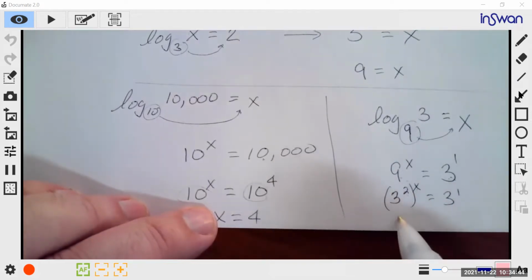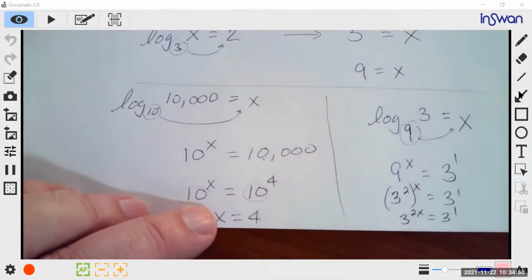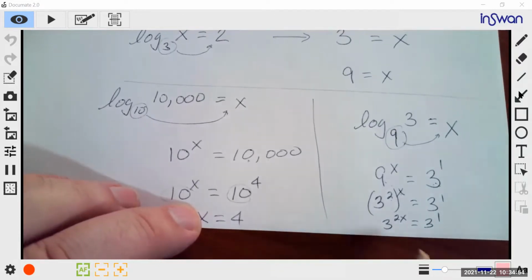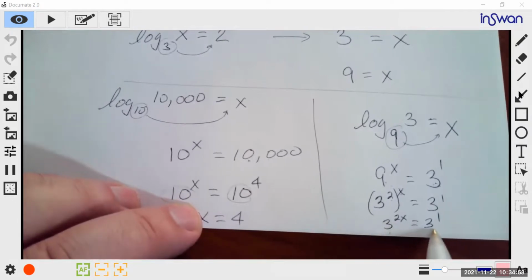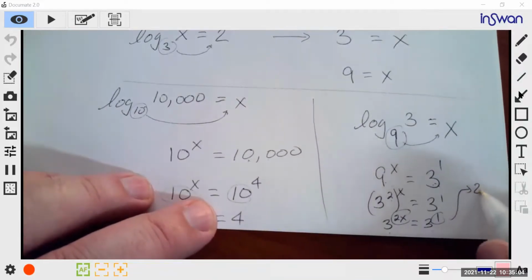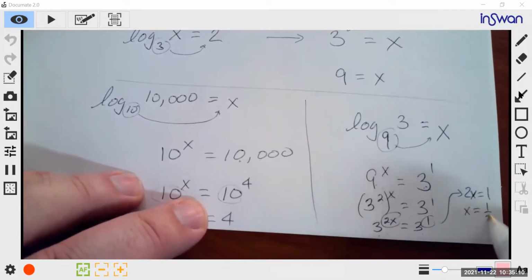We have power to a power, so we multiply 2 times x is 2x. Since the bases are the same now, I can compare the answers. If the bases are the same, the answers have to be equal. So 2x equals 1. Divided by 2, x equals 1/2.